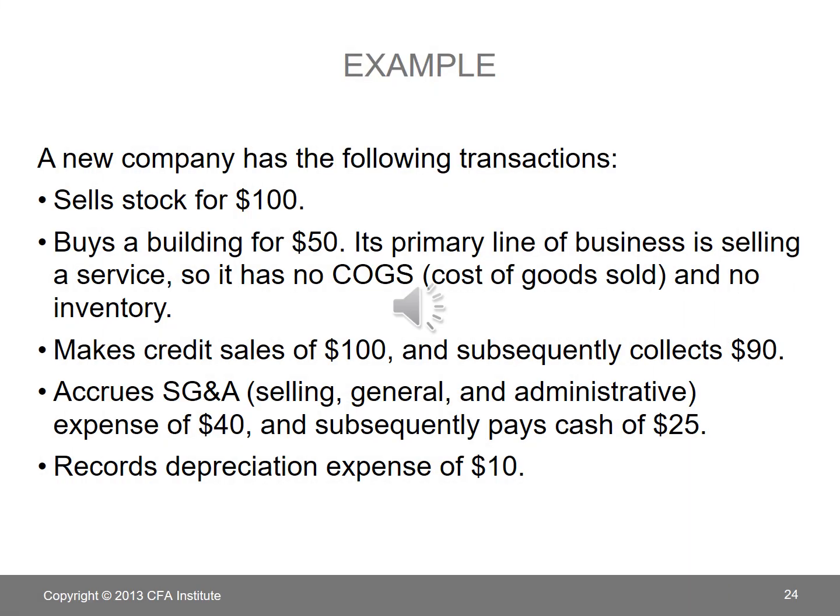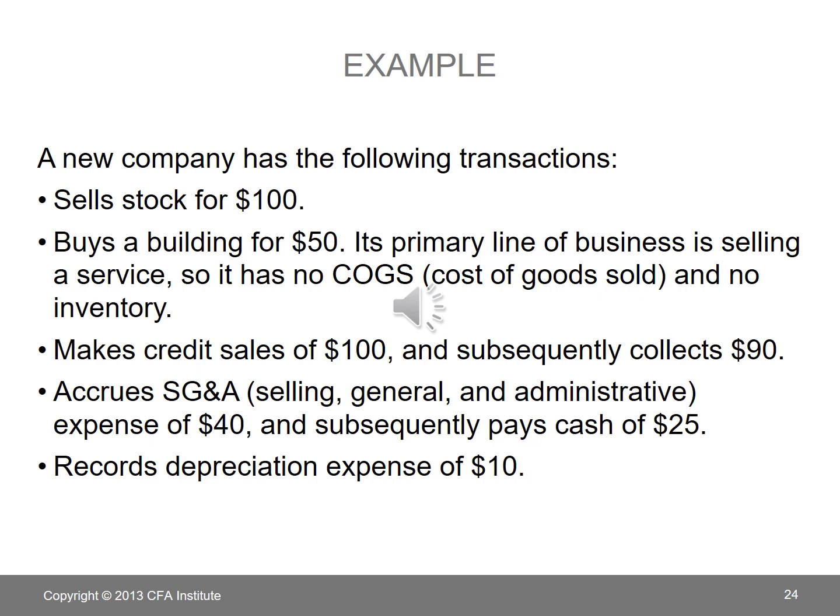Now let's look at an example. This is an imaginary company, with its details listed in front of you. So this is a new company that has the following transactions. It sells stock for $100, buys a building for $50. Its primary line of business is selling a service, so that means they will have no cost of goods sold and no inventory.